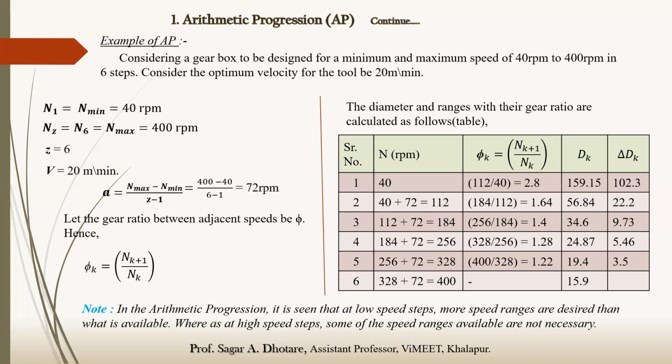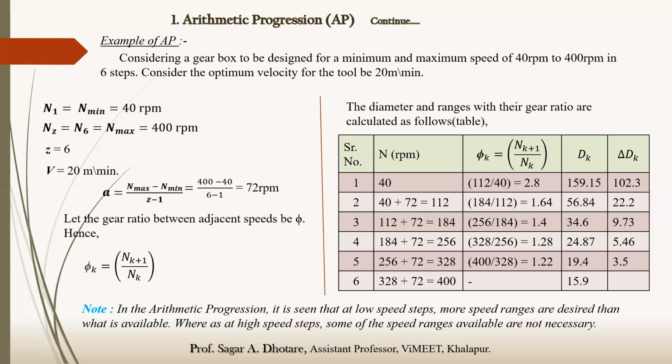In the arithmetic progression, it is seen that at low speed steps, more speed ranges are desired than are available, whereas at high speed steps, some speed ranges are available which are not necessary.